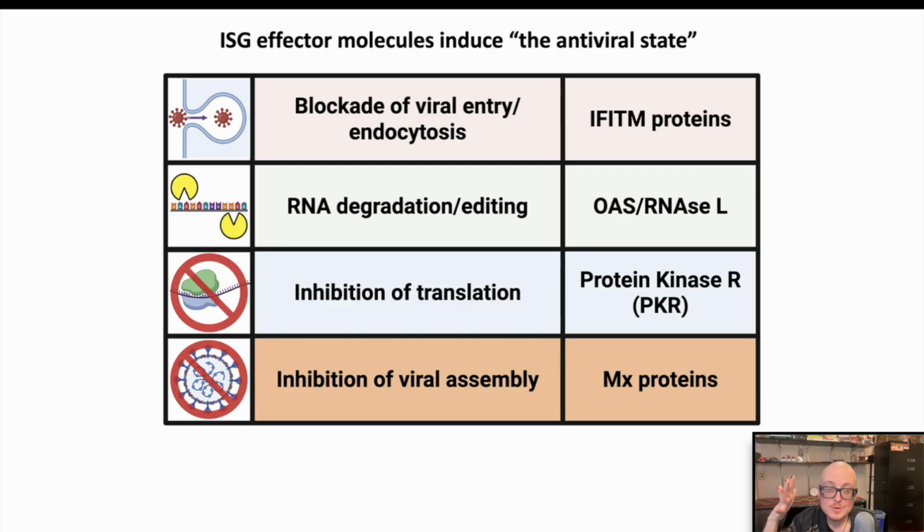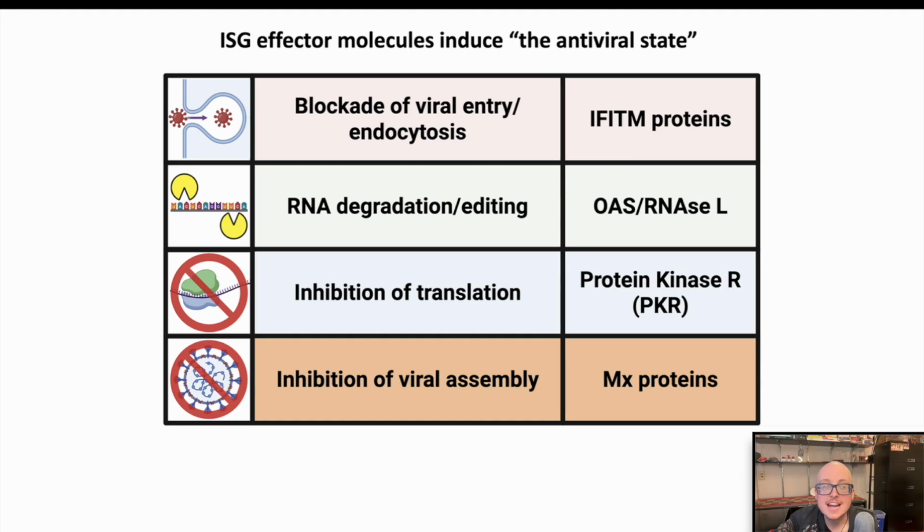And this is even more important because when we induce interferon signaling in uninfected cells in the environment and we induce the antiviral state in those uninfected cells, that's a very effective way of preventing viral spread. If any viruses are in the tissue, if we can turn down endocytosis in uninfected cells, that's going to be a very effective means of preventing new infections from occurring.